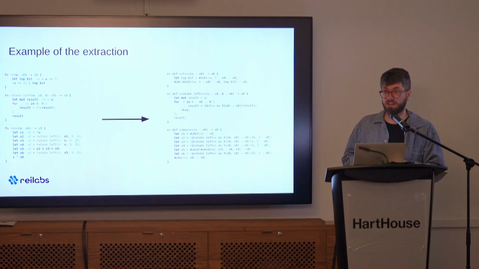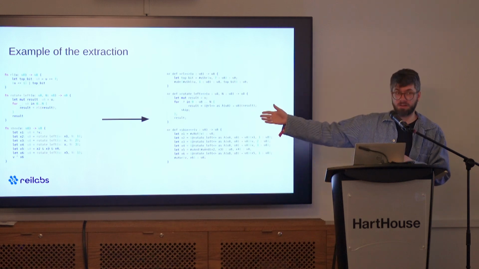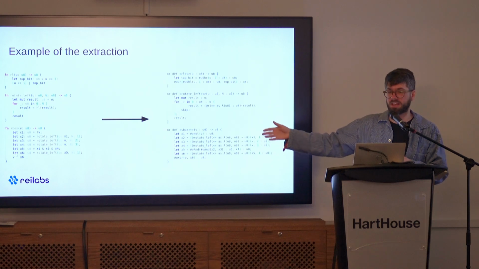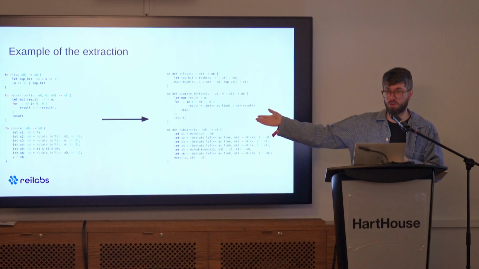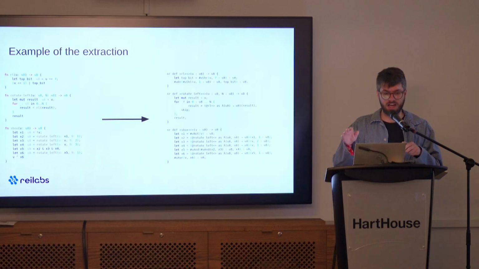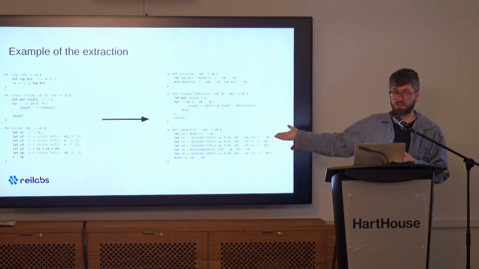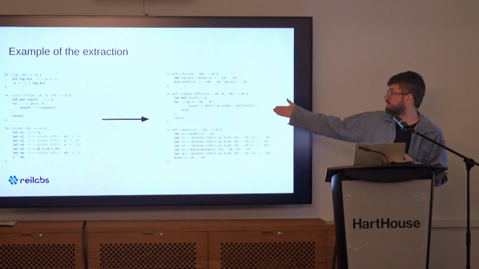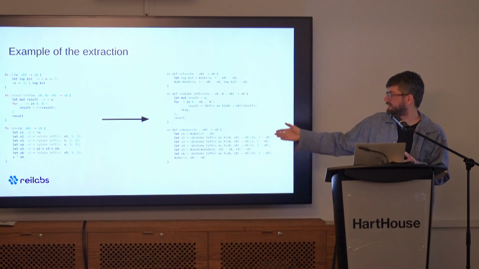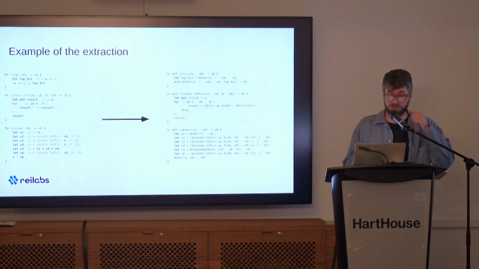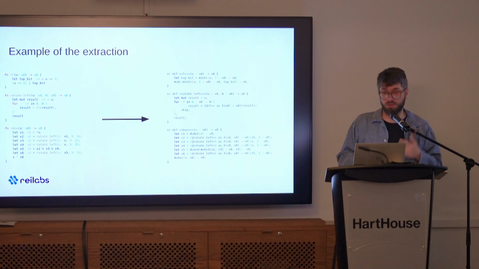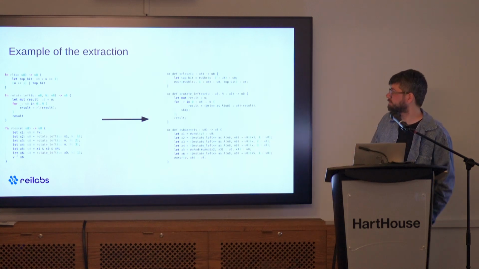So here's an example of an extraction. On the left-hand side, we have Noir code. This is taken from an example that we've done previously implementing a particular hash function. In the CLI, or in your command prompt, you just type lampe, and it'll generate some new Lean code. On the right-hand side, you see the Lean code that's generated. You'll see that it actually looks very similar to the left-hand side, except for maybe some extra annotations here or there related to types and things that we don't want to have to do on the Lean side, like type checking.